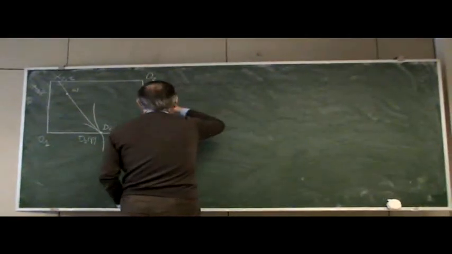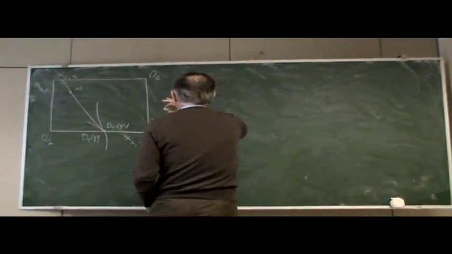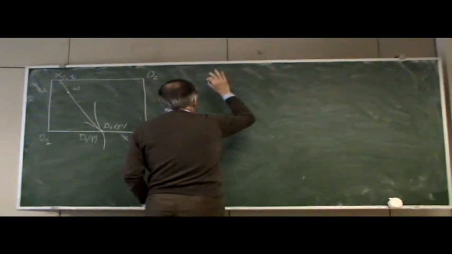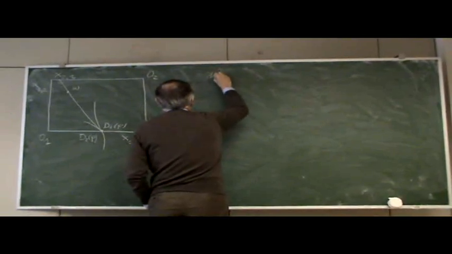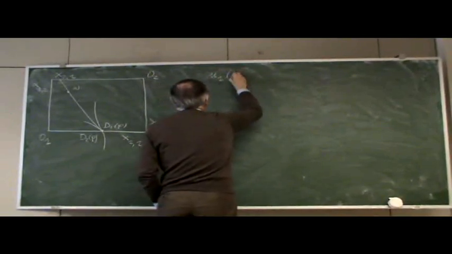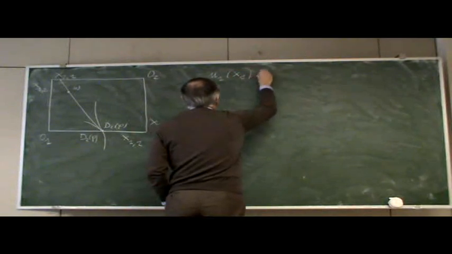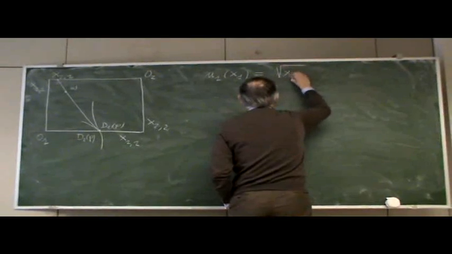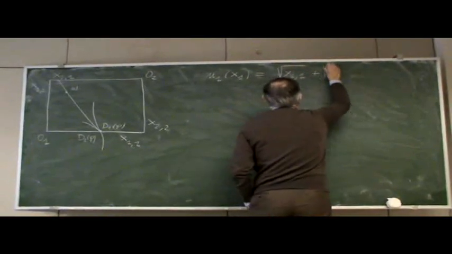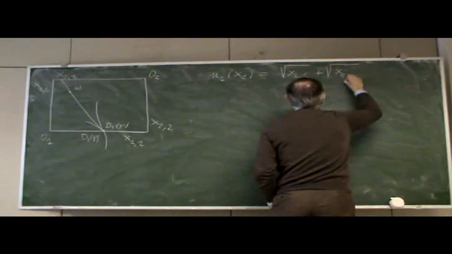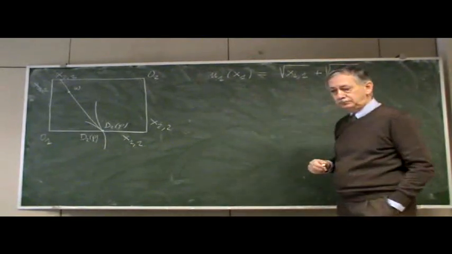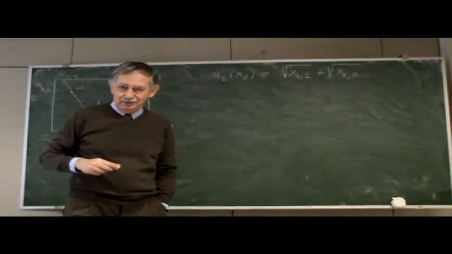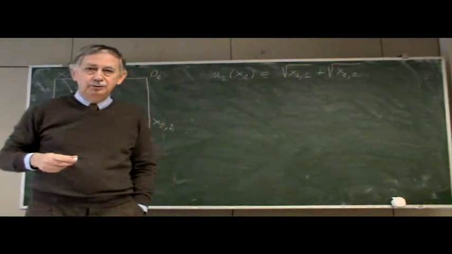Suppose there are our usual 2 households, and the preference relation of the first household can be represented by a utility function like this: square root of x11 plus square root of x12. This is a constant elasticity of substitution utility function.